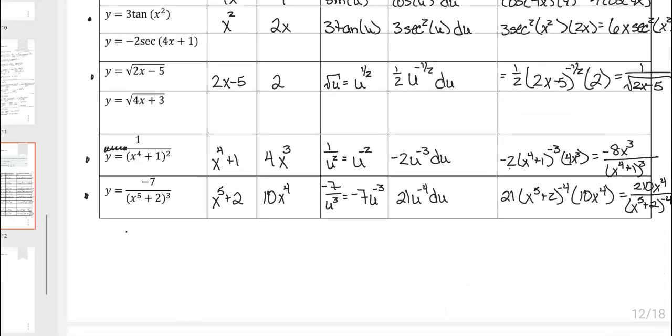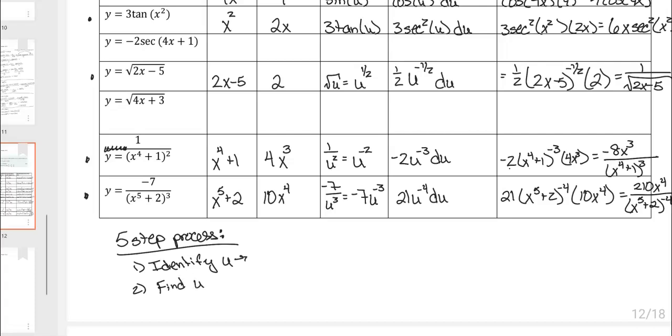So you can see that 5-step process. It works for any chain rule problem. The first step is to identify u. Second step is to find du. This is going to be your inside function. And then you're going to do a rewrite.